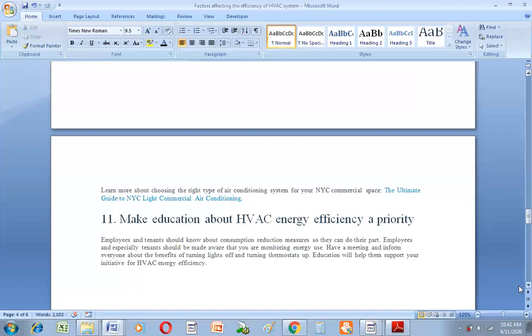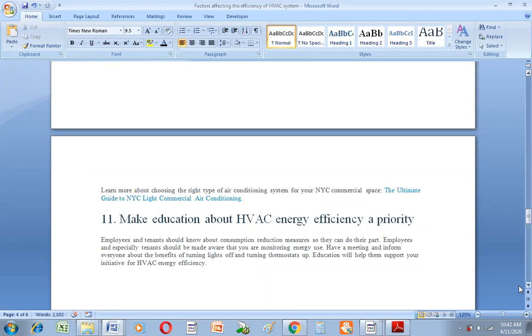Even if the closure time of the mall is, for example, 11 p.m., then what can be done? The HVAC system can be switched off at 10 p.m., 1 hour earlier, so that we can save electricity, because whatever coolness is there inside the room is sufficient from 10 to 11.